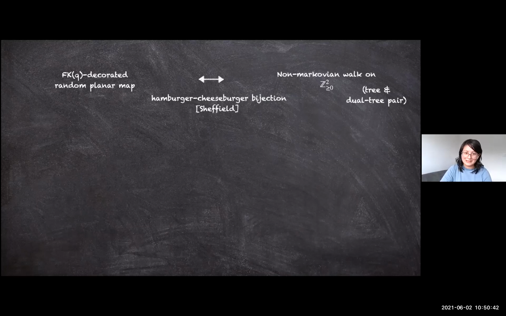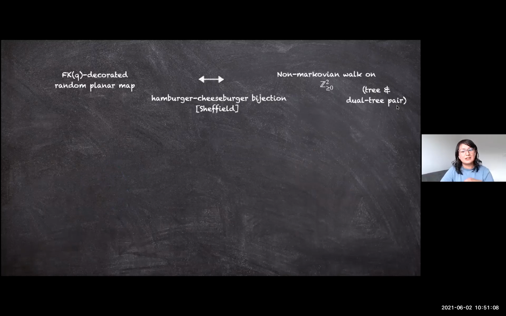And now, again, a walk on the positive quadrant, but in this case, it's non-Markovian. And here you have the issue that you no longer have a tree and its dual in the beginning. But in this bijection, you can define in a canonical way what would correspond to a tree and its dual.